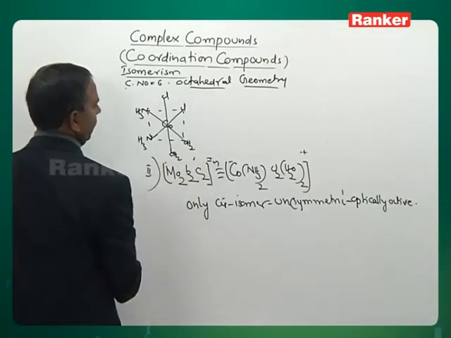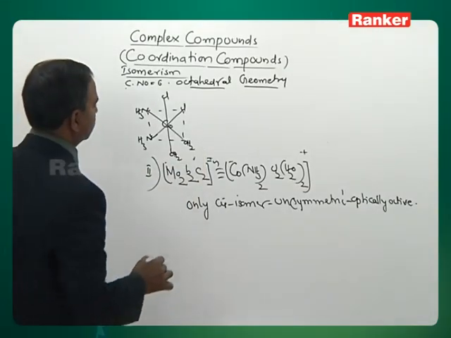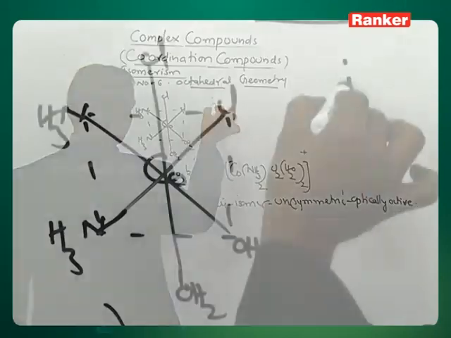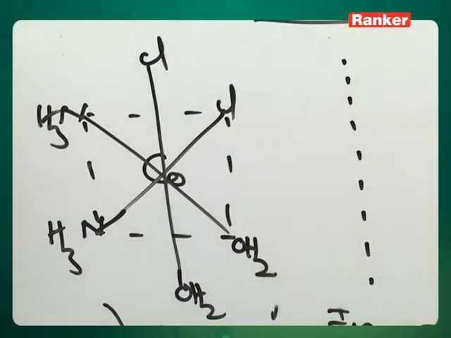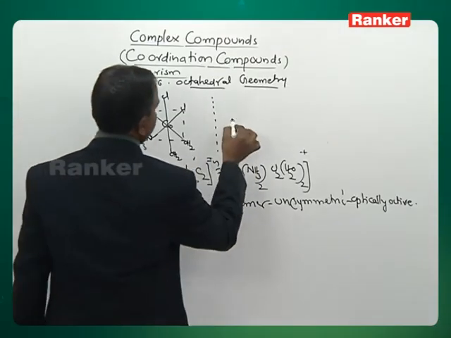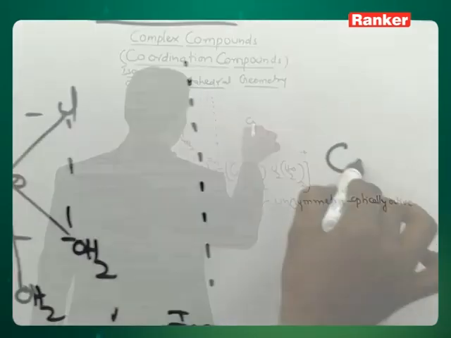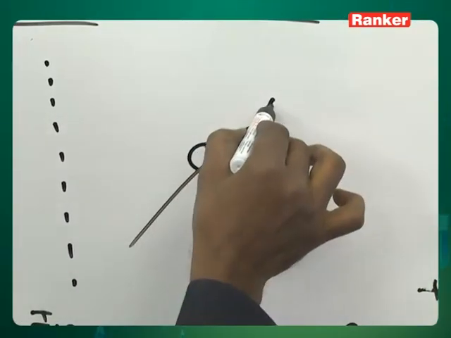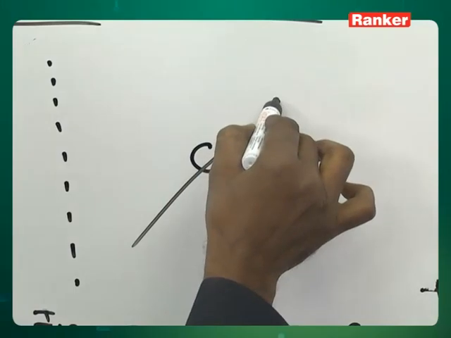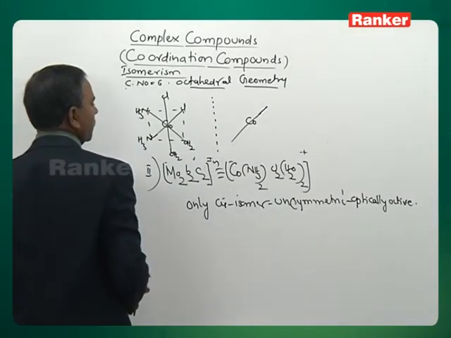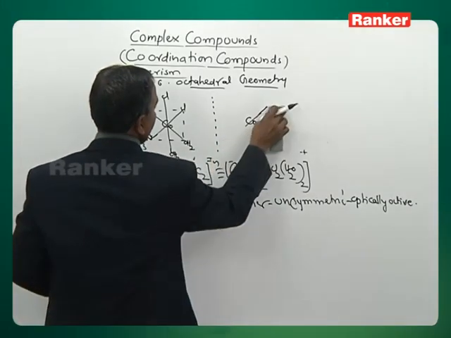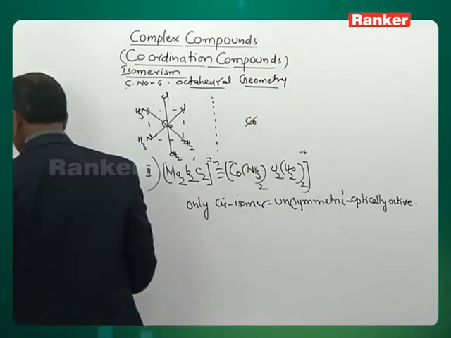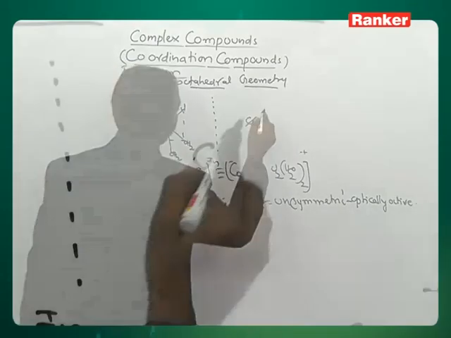This is actually the cis isomer, and this cis isomer is optically active. Now we can write one as the D isomer and the other as the L isomer.